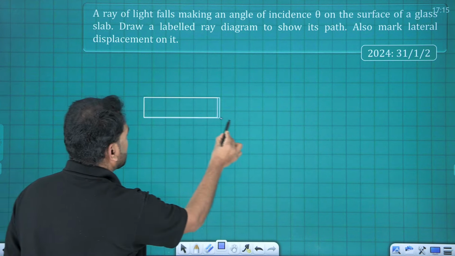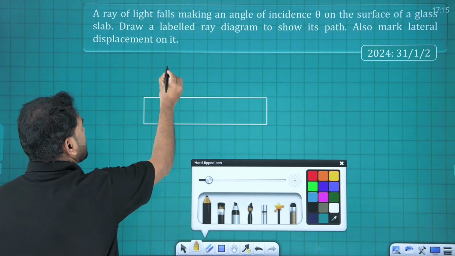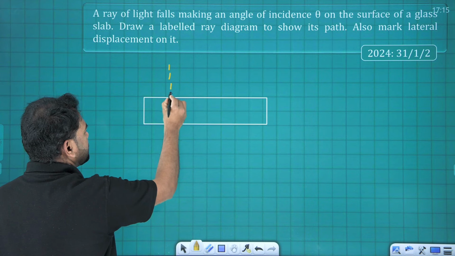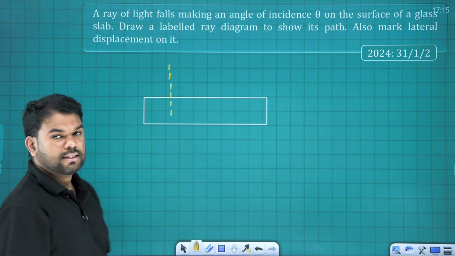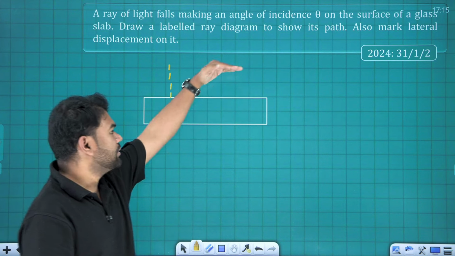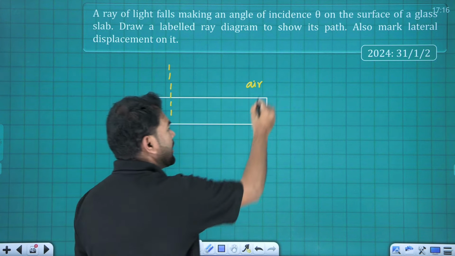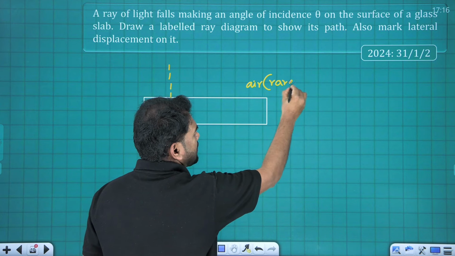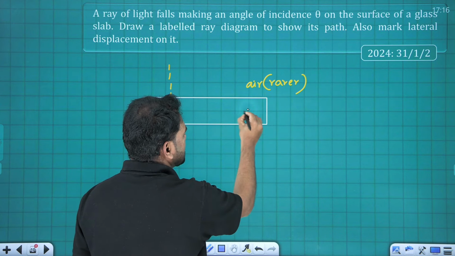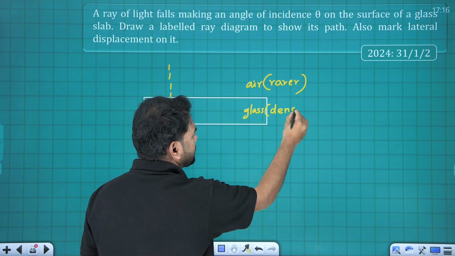So let us consider a glass slab. Now this be the normal. You know that here it is a refraction related question. So here we have 3 media. This is air. Air, you know that it's a rarer medium. Now the second medium is glass. It's a denser medium.